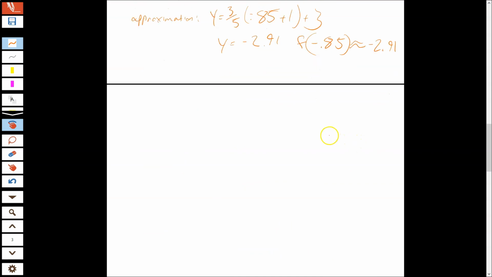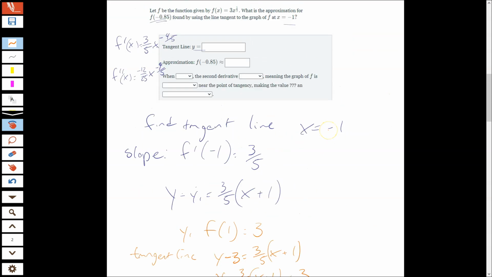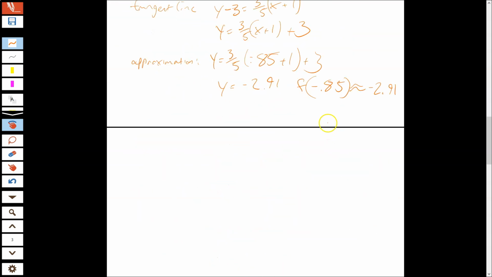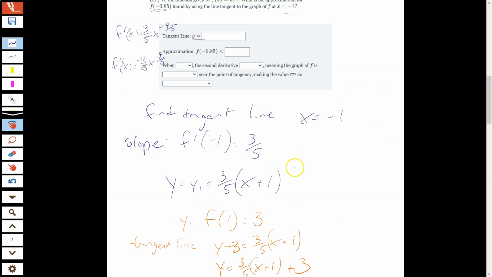So we are looking at this point x equals -0.85, right? So x is less than 0. So we say when x is less than 0, f double prime is, so our options are positive or negative here. And notice here, if I put in a negative number, any negative number, I'm going to get a positive result.